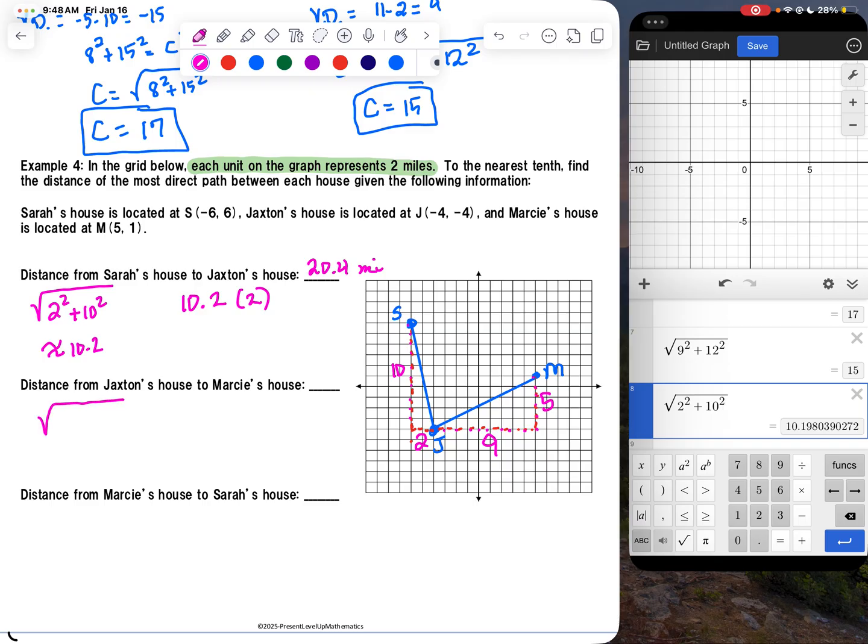So the square root of 5 squared plus 9 squared. Put that in my calculator. Approximately 10.3. And if I take that and multiply it by 2, I'm going to get 20.6 miles.